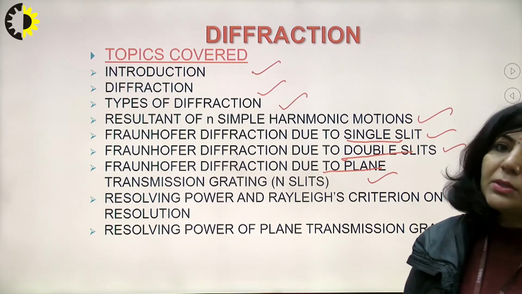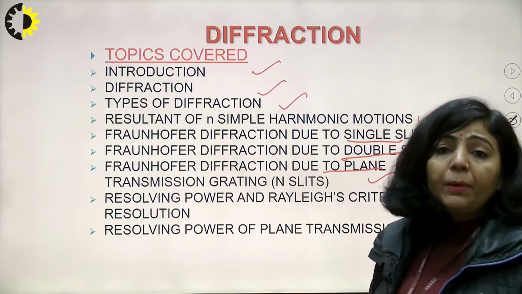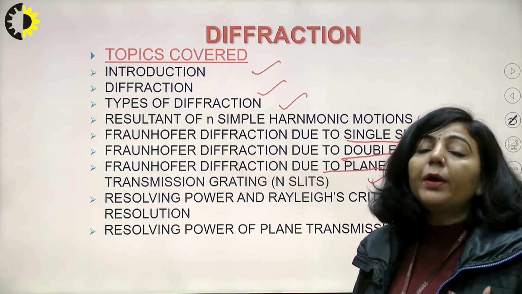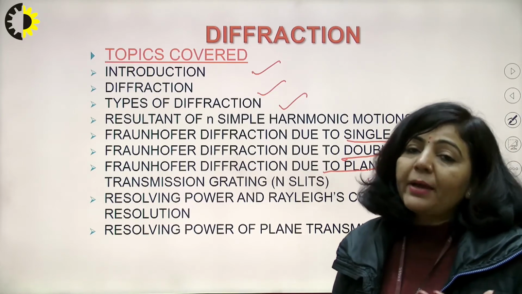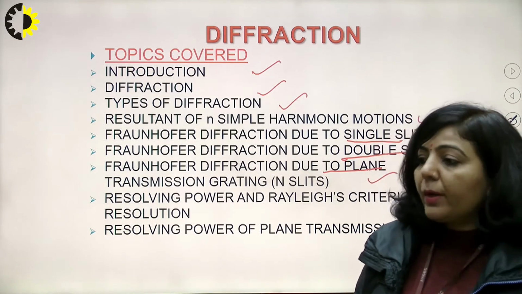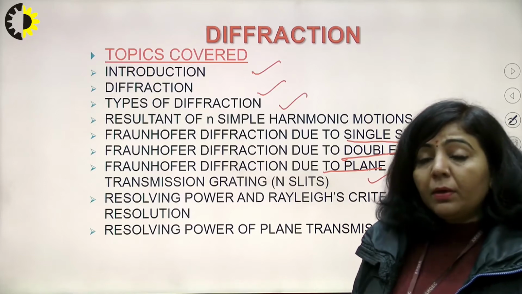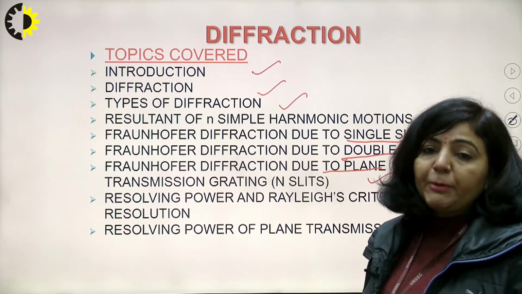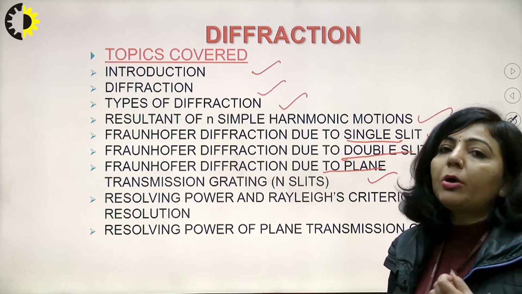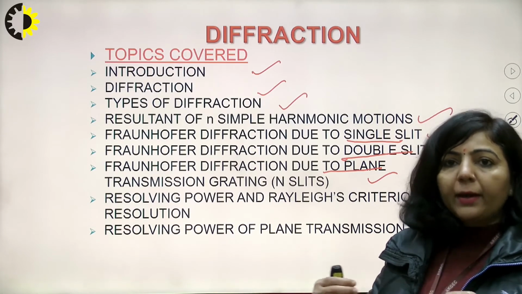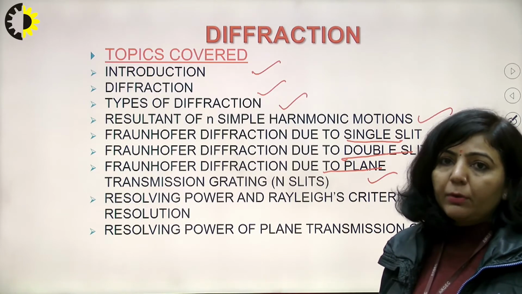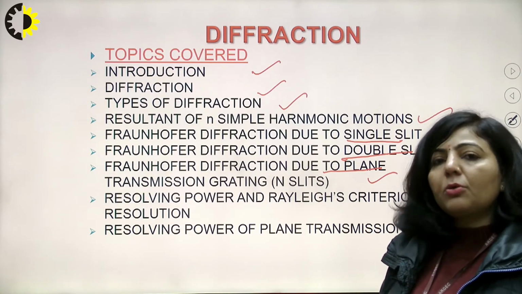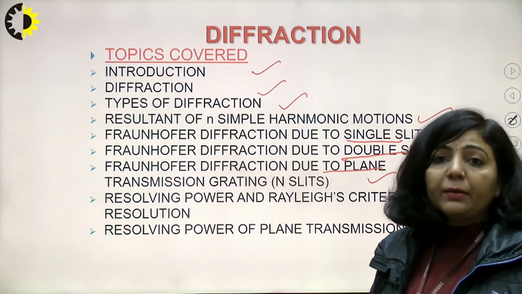After that we discussed how many orders can be visible through a diffraction grating. We saw this under the topic of maximum possible order observed with the help of a grating. Then we also found an expression for the missing order spectra: if you are getting a diffraction pattern with different orders, there can be certain orders missing from that pattern.